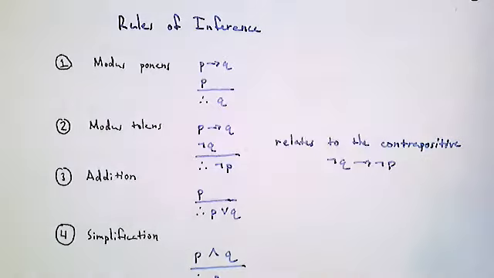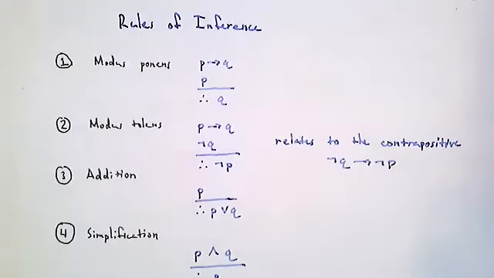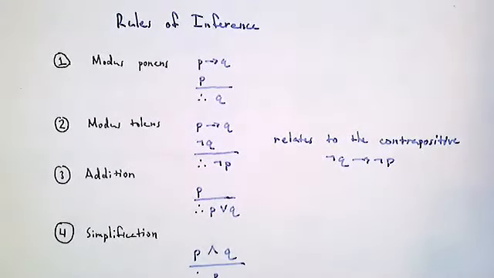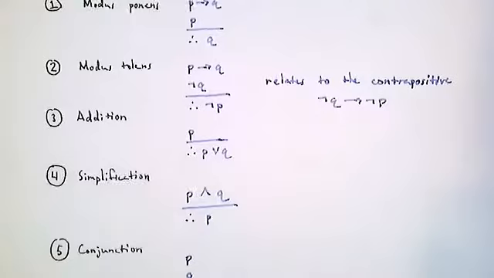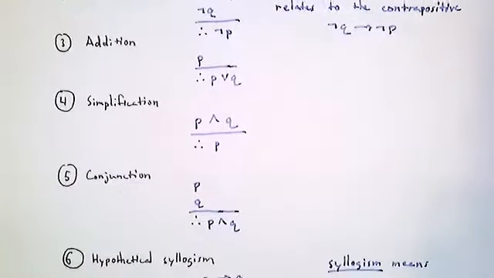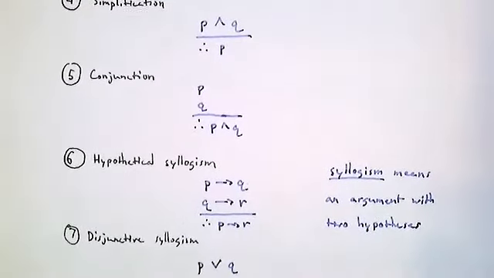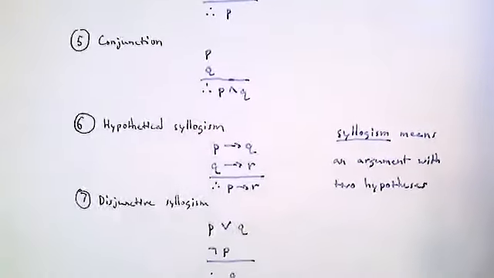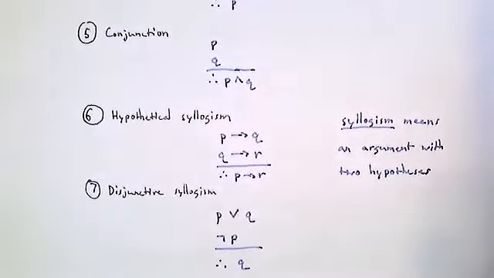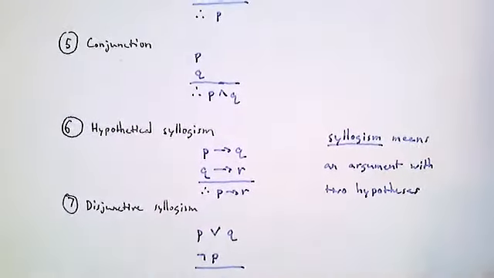So if you use one of these simple arguments, or if you use some combination of these simple arguments, then your more complex argument is always going to be valid. And these 7 are the ones that show up probably the most often. So they get special names. And I don't want you to focus so much on the names and making sure you memorize what they're all called. Mostly you should just be familiar with how they work.